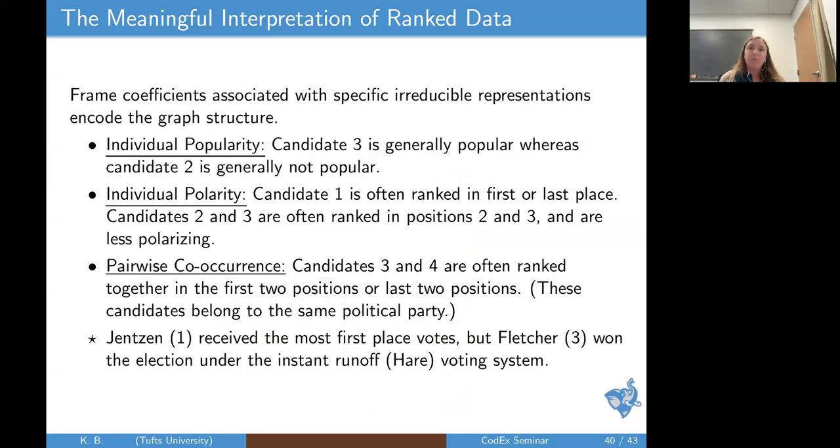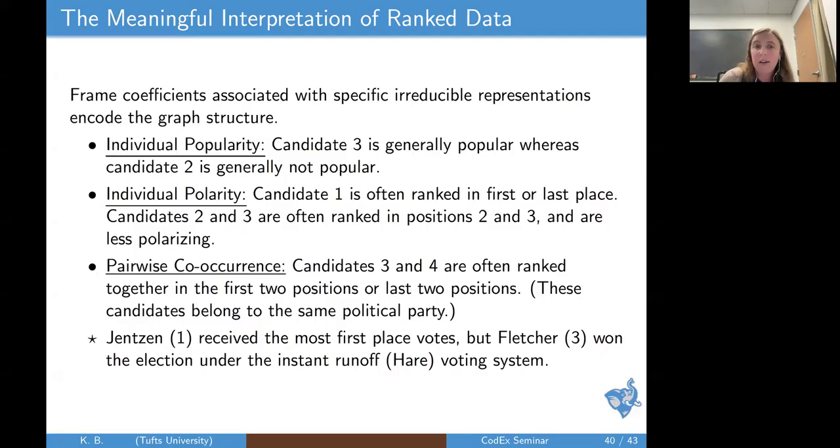Because the frame coefficients are associated with these specific irreducible representations, they're also associated with specific permutations in the context of the symmetric group. And so they're able to extract information based on when there are frame coefficients with higher or lower values corresponding with these irreducible representations and permutations.